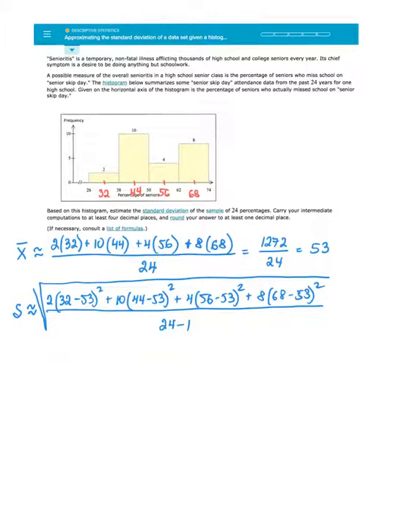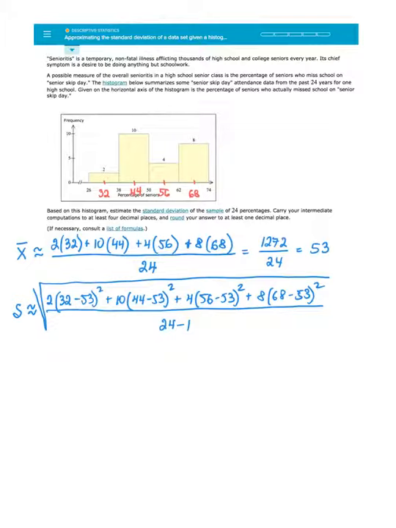So we need to use the midpoint instead of each actual data element one at a time. So the midpoint will represent each class, subtracted with the approximated sample mean we just computed. Make sure to square that difference, and we also need to multiply that result by the frequency of that class, and we continue like that with each class we have.